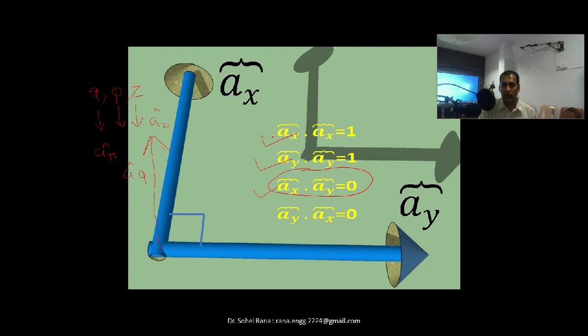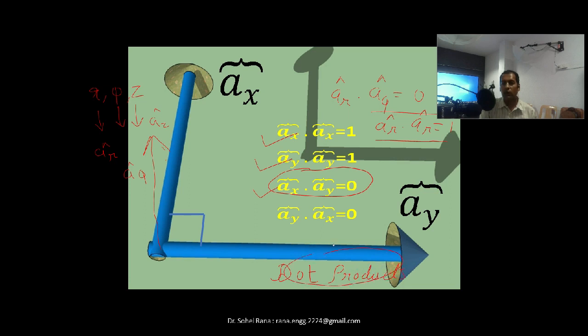For example, ar cap dot a phi cap, its answer will be 0. But if we take the dot product of ar cap with the same ar cap, the answer will be 1. So what we have to remember is that these rules are for the dot products of the directions.